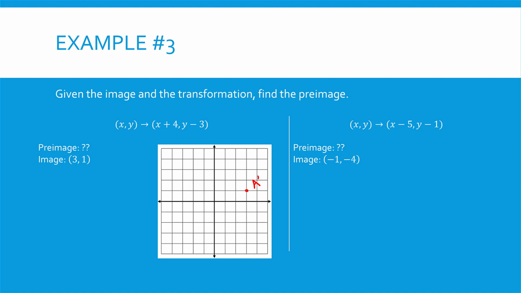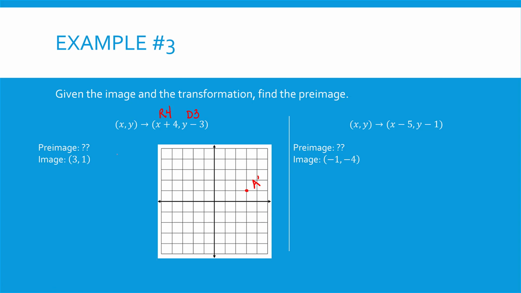To find my pre-image, I'm going to look here at my transformation, and use that description that we've been practicing. So plus 4 means that I went right 4, and y minus 3 means I went down 3. But that's going forwards. So coming backwards, we want to do the opposite.